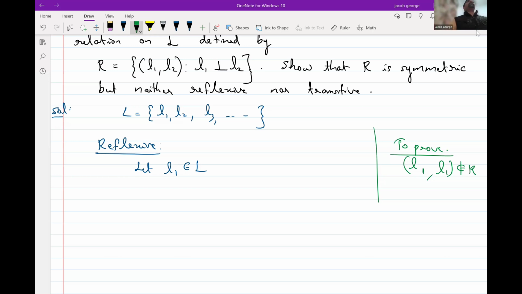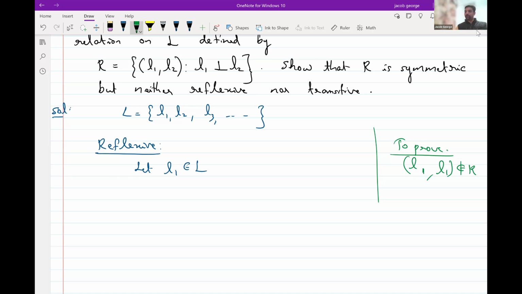Is it true as per geometry? Is a line perpendicular to itself? No. A line can be parallel to itself, but it cannot be perpendicular to itself. So we write that L1 comma L1 is not an element of R, or R is not reflexive.